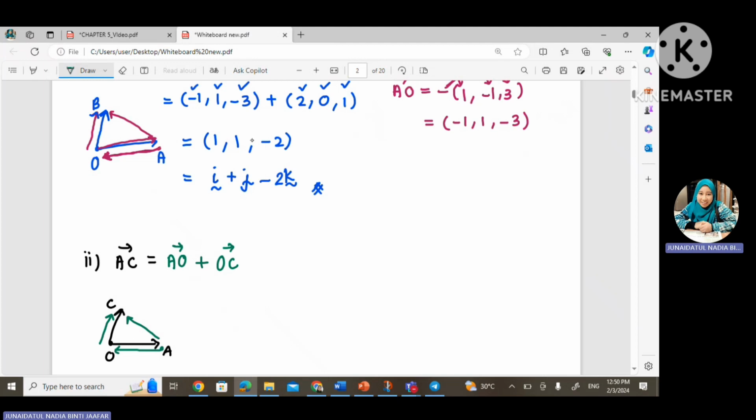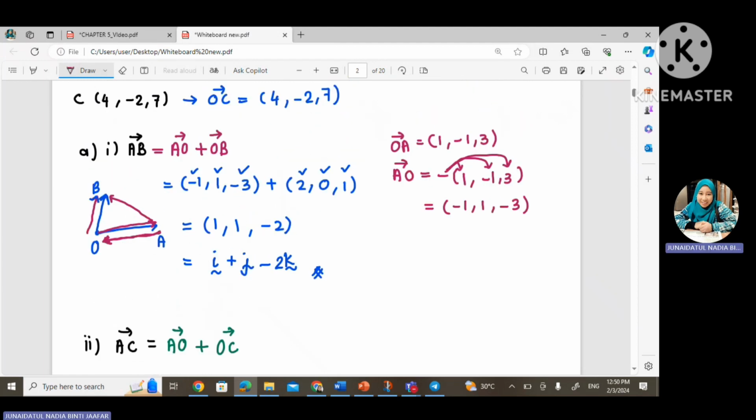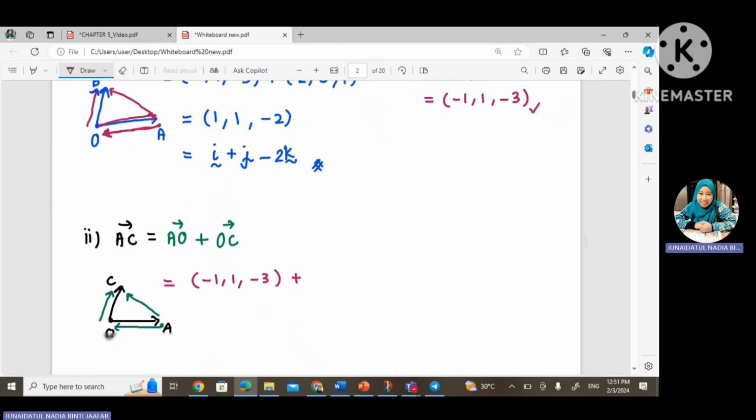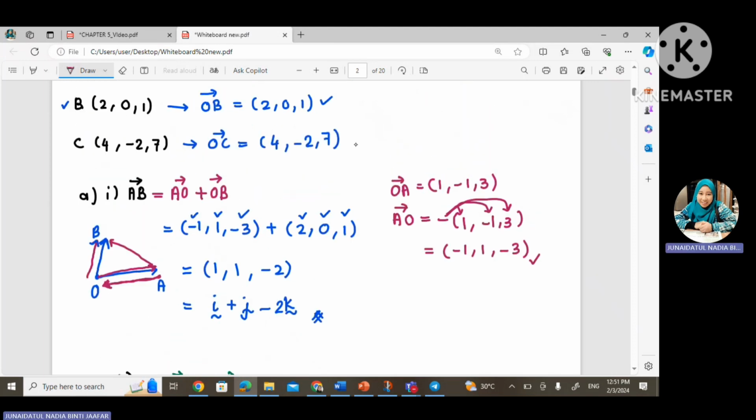Okay, so AO, we can see here, is the same as in question A1, equal to negative 1, 1, negative 3. Negative 1, 1, negative 3 plus OC. So OC is given in the question. We have 4, negative 2, 7.